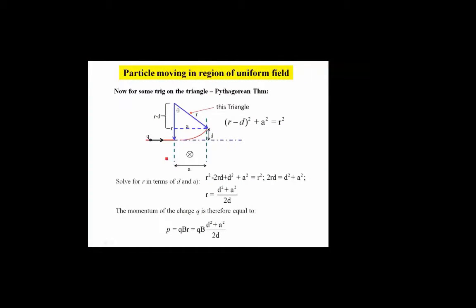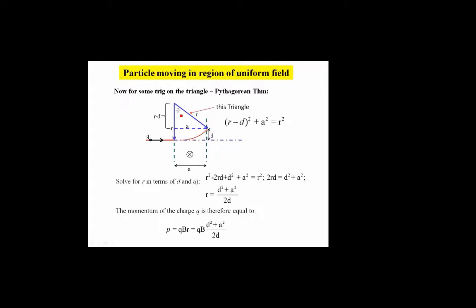So let's go to the same situation where we want to relate this deflection basically to a measurement scheme. If you consider this triangle up here, this distance is the radius, because that's the radius of the circle that this undergoes in the B field.